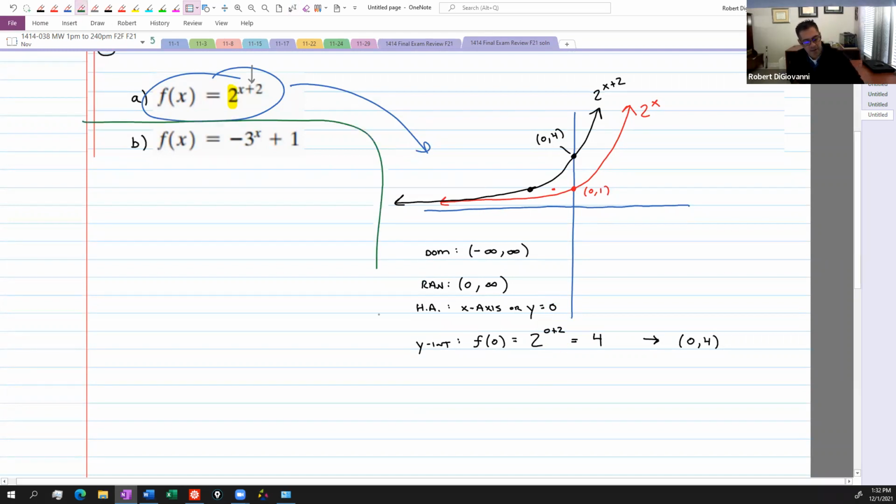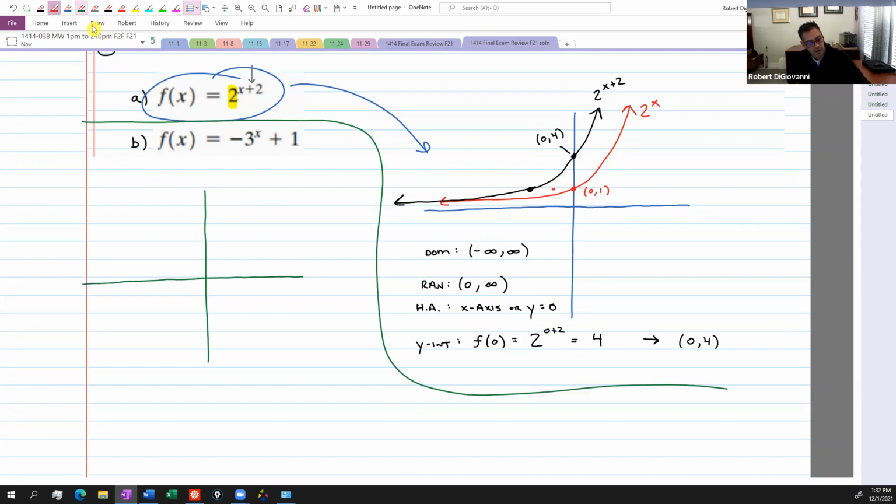All right, now for the other one, we still have exponential growth. Okay, so in the beginning of this, we should know that this looks like this. This is what 3 to the x looks like. But we have a negative in front. So what does a negative in front do?